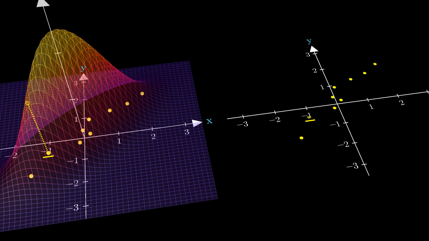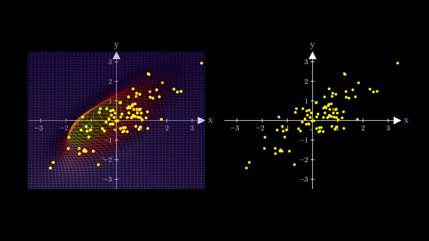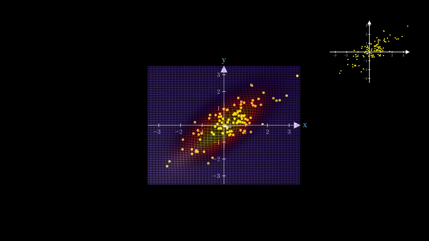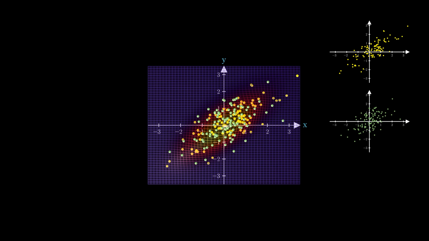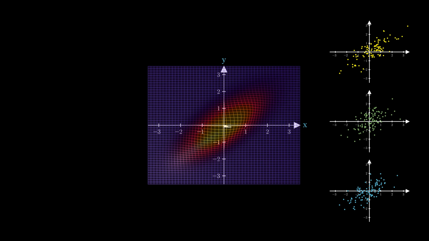The mountain-like structure is the joint distribution, and next to it is the sample. Even though we usually work with only one sample of data, we should be able to imagine that due to randomness, we could have possibly drawn a different sample. Here I depict 3 samples drawn from the same joint distribution.